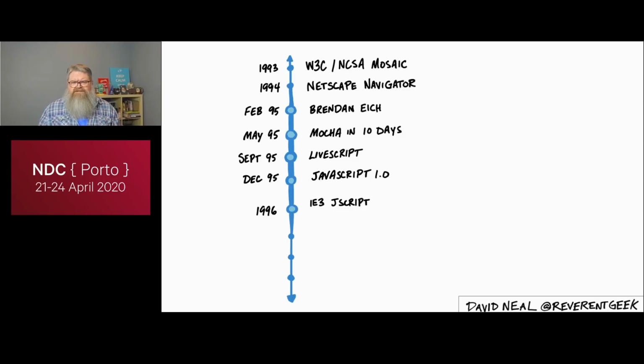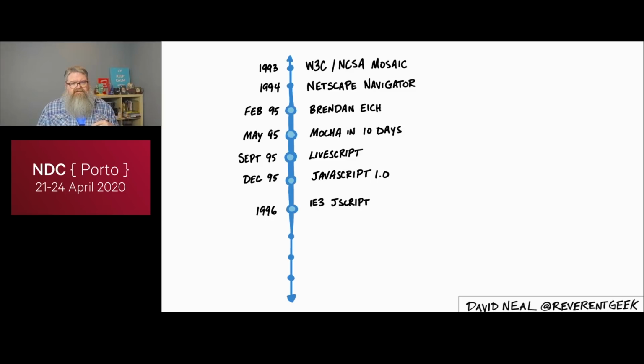Well, Microsoft did such a good job of reverse engineering that they reverse engineered everything down to the littlest detail, including all the quirks and things that JavaScript did weird.